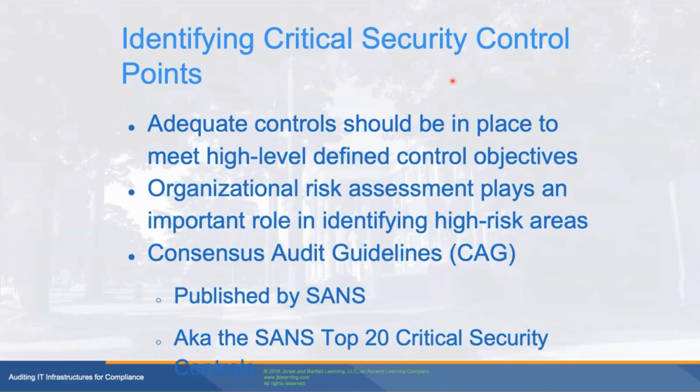Organizational risk assessment plays an important role in identifying high-risk areas. So they have audit guidelines that are put out by SANS. An example would be the top 20 critical security controls. That should give them some idea which ones should be in place.